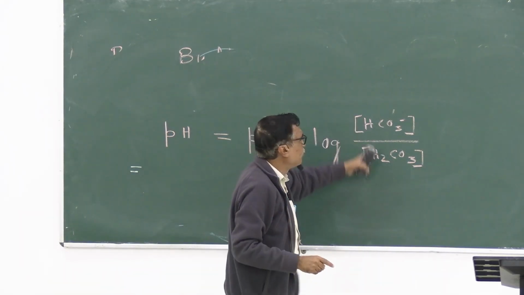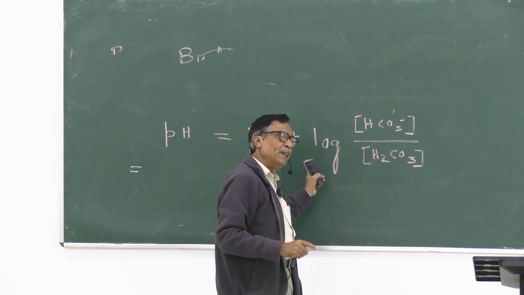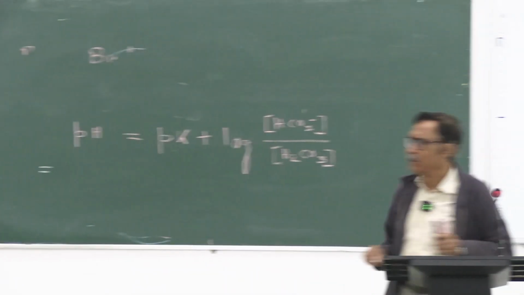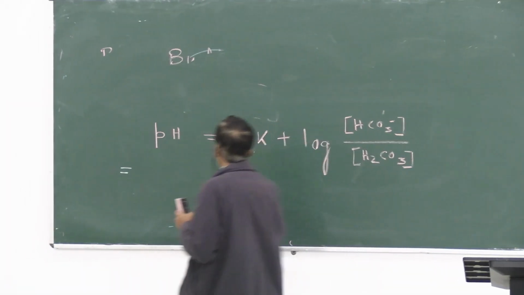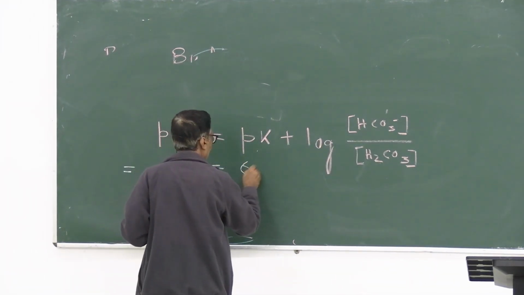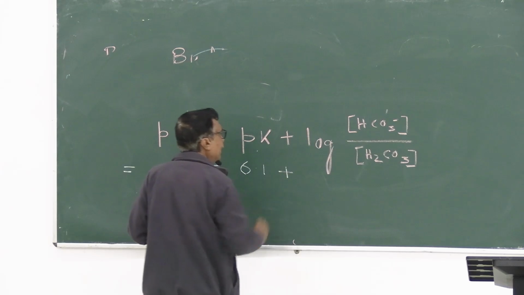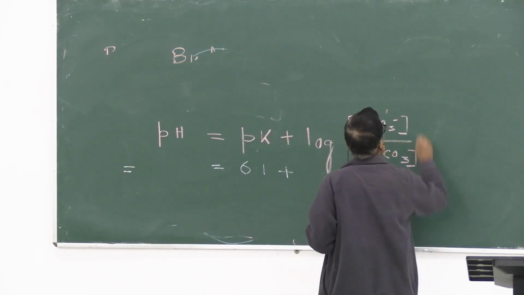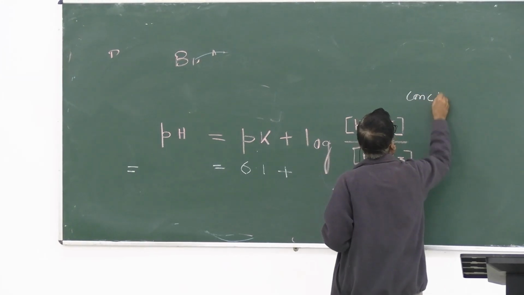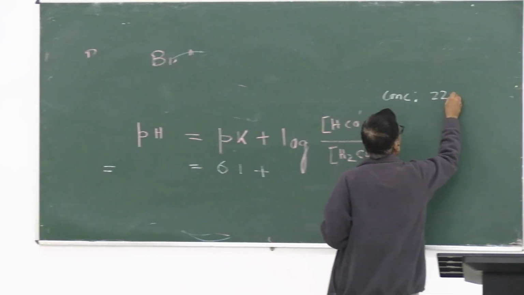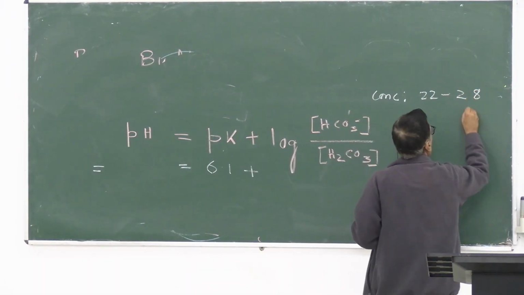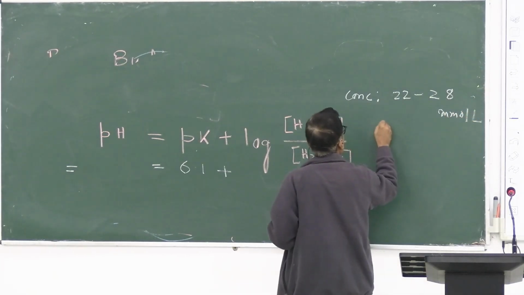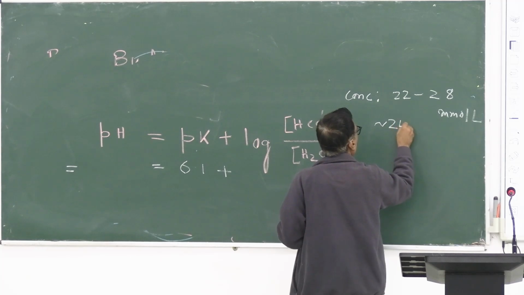Whatever may be the concentration of these two, the pK is constant, and in case of bicarbonate buffer it is 6.1. pH is equal to 6.1, plus the ratio of bicarbonate. The concentration of the bicarbonate ion is in the range of 22 to 28 millimole per liter, and on average it is 24 millimole per liter.